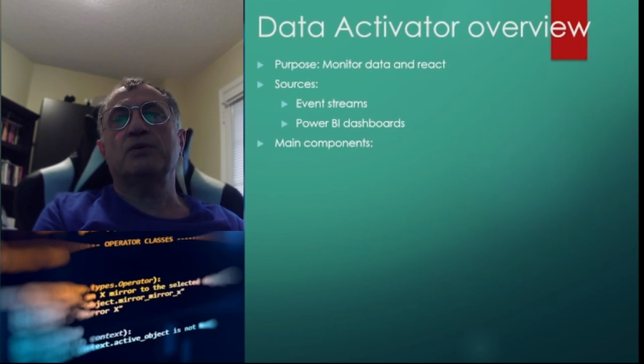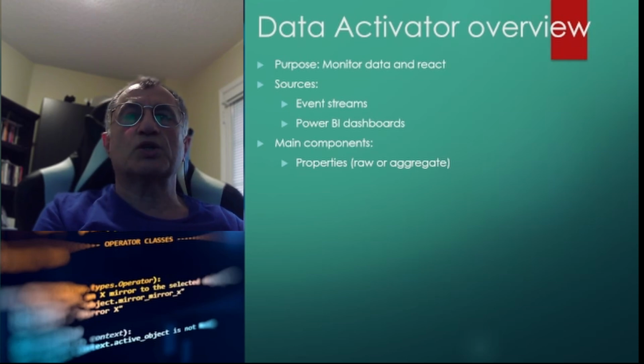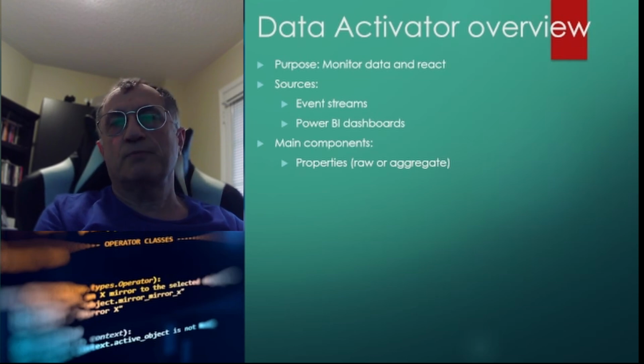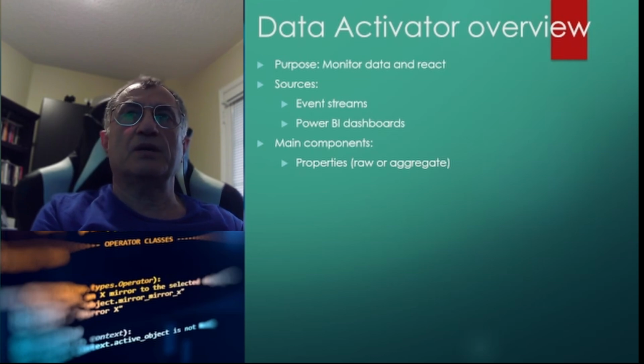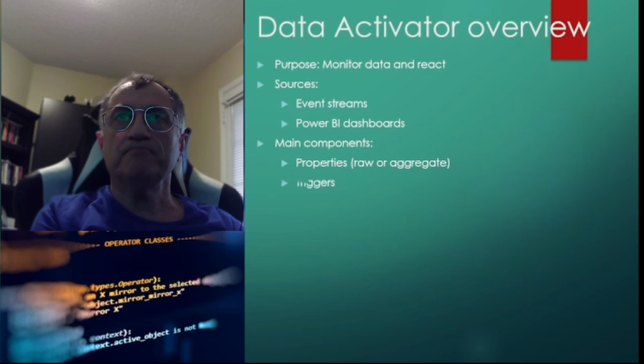The main components of the Reflex are properties. In other words, these are signals that you want to monitor. These properties can be raw signals, so pure data coming from your source, or you can optionally aggregate your data. For example, you can aggregate your data by time windows.